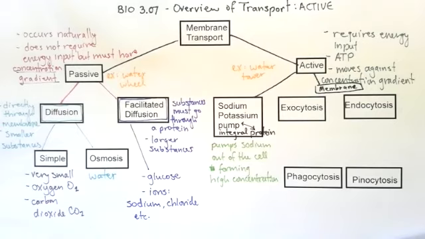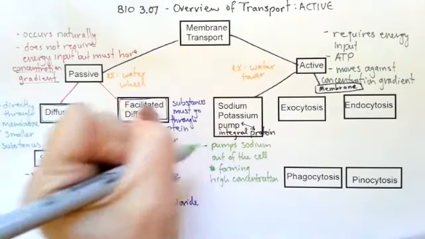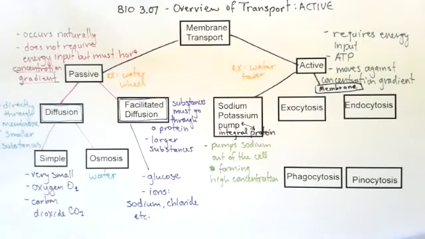We use that concentrated sodium to run our nerves. Every nerve you have operates because there's lots of sodium outside the cell. Well, how did it get there? Through the sodium-potassium pump protein. I don't want to get into too many details here.